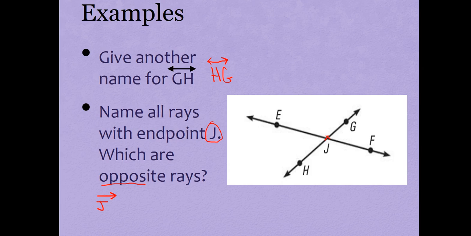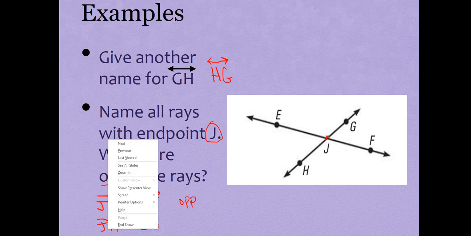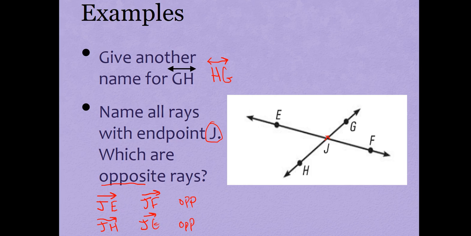I could go to the left and go JE, and I could go to the right and go JF. So those are opposite. I could also go down to H or up to G. So those would also be opposite, since those are going in the opposite direction. So we have 4 rays with the endpoint of J, and remember that endpoint has to go first.